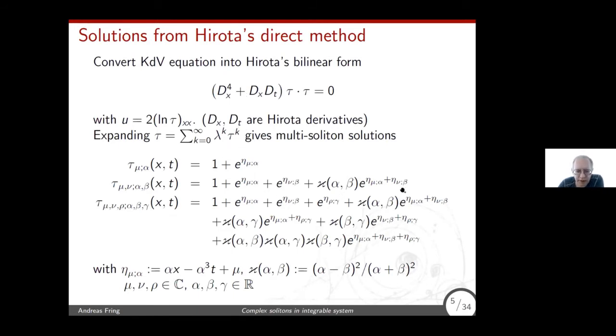Once you have it in this form, you can systematically solve this system for what people often refer to as a tau function, which initially is an expansion. It looks like an approximate solution, but the series actually terminates.